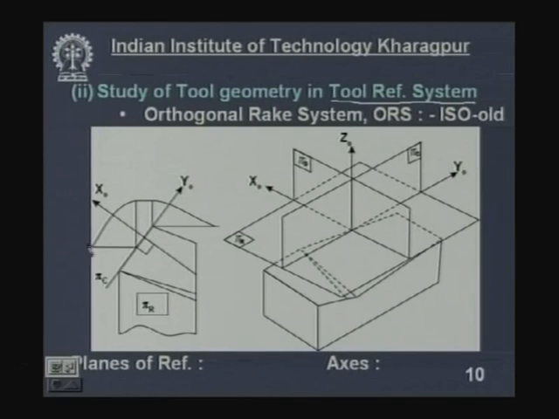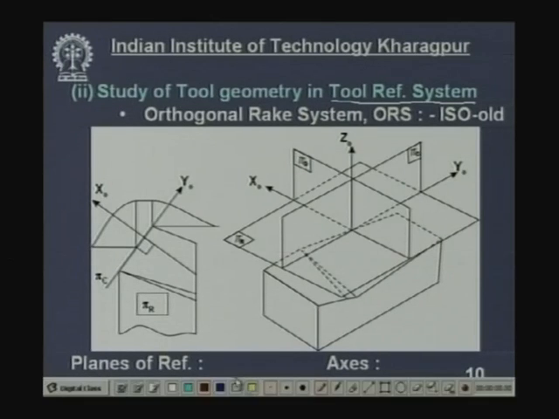Now, in this orthogonal rake system, you see the same top view of the cutting tool. This is the point on the cutting edge, and this diagram has been drawn in a horizontal plane or pi r, that is called reference plane. Velocity vector is perpendicular to this pi r, to this plane.